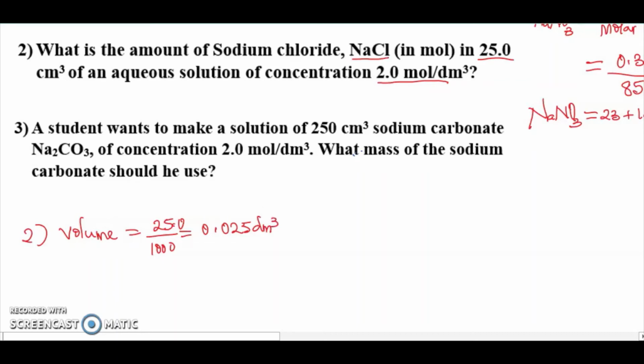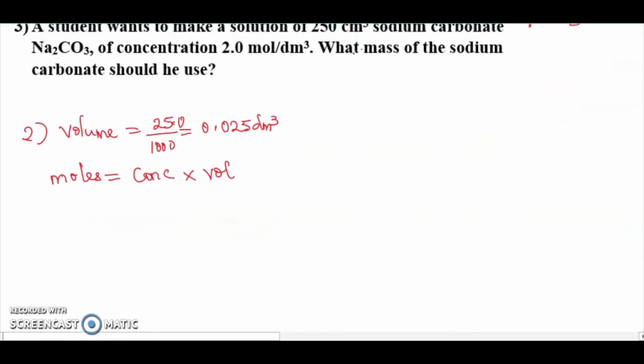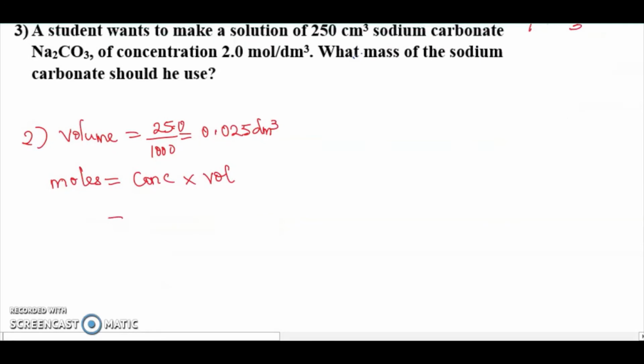Now we know that number of moles is equal to concentration multiplied by volume, and the volume should be in dm cube. So let's see, we're given the concentration in the question.